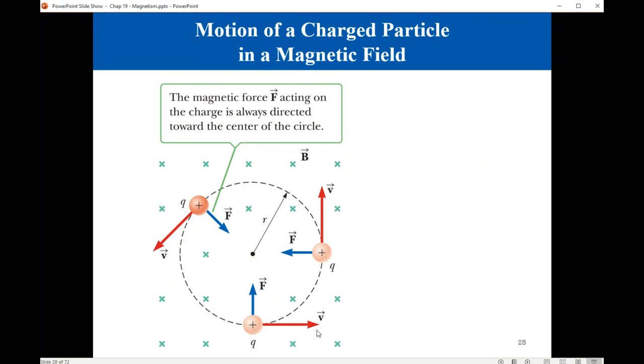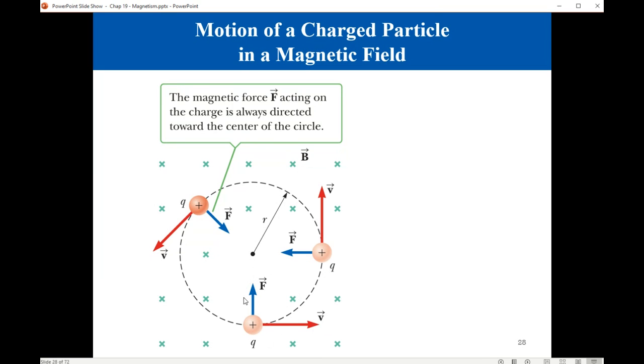So here, if you consider a positive charge Q entering this field, when you apply the right-hand rule, your four fingers represent this direction, and the field is into the screen. So when you curl the four fingers, the thumb will point upward.